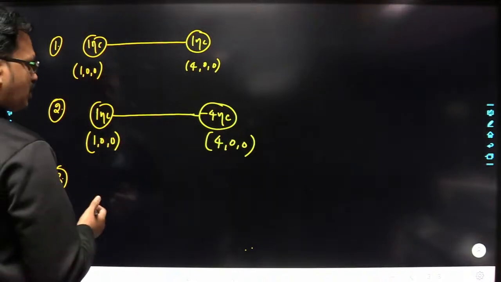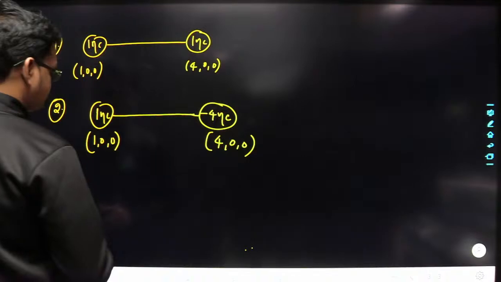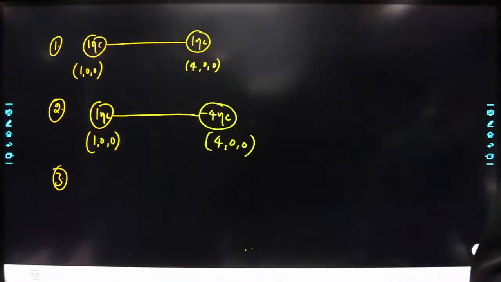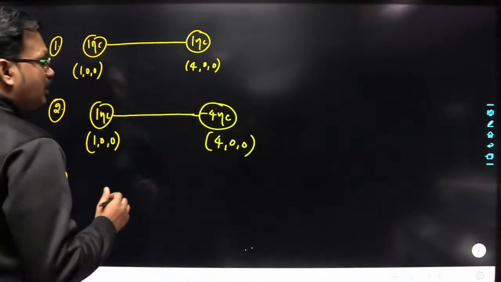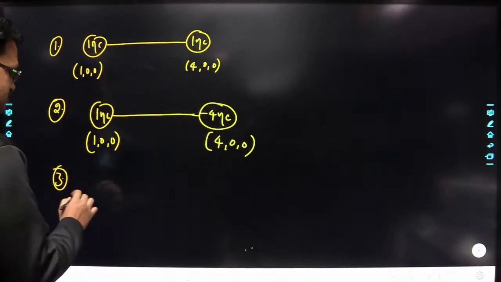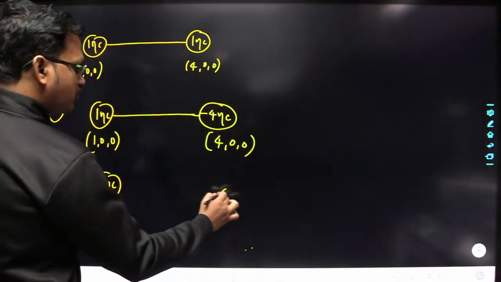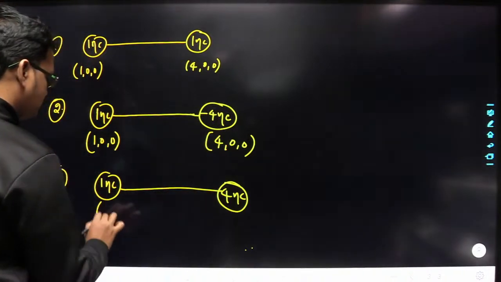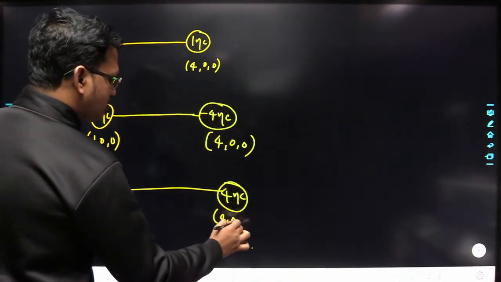What is the next problem we have taken? We considered 1 nanocoulomb here and 4 nanocoulomb here, and tried to determine the point where the net electric field is equal to 0.